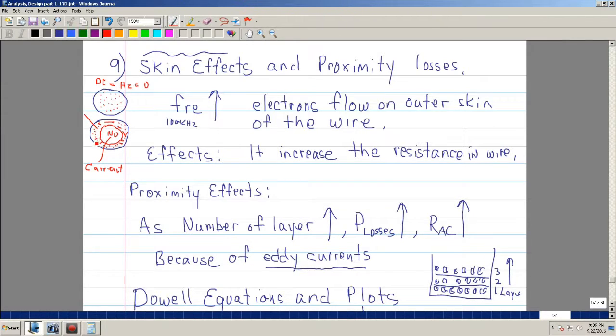Most of the current is flowing through this band. So what does that do? What's the big deal? Well, the effect is that since you have less area, it increases the resistance of the wire. So as your frequency goes up, the resistance of the wire goes up as well.